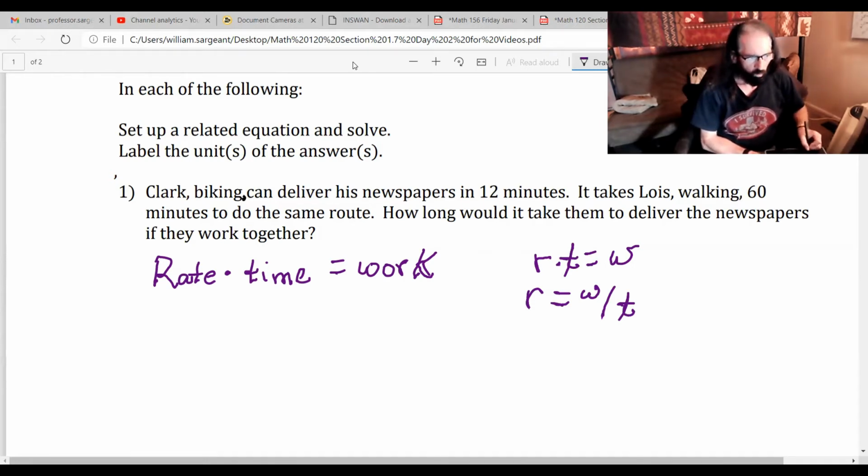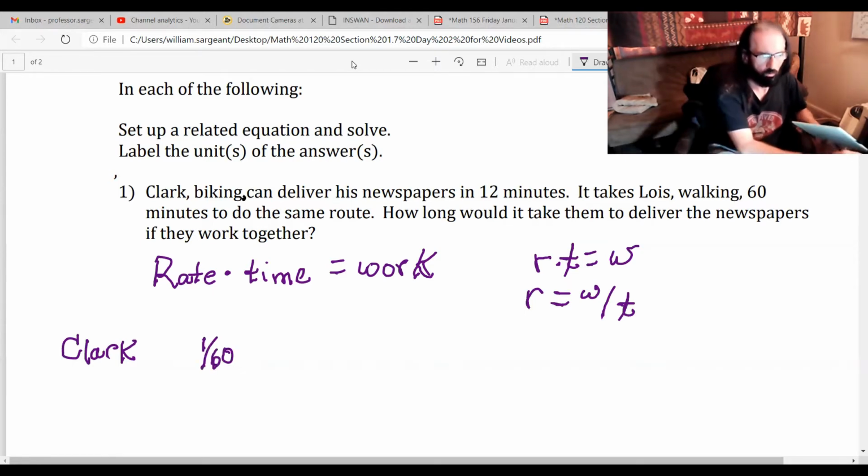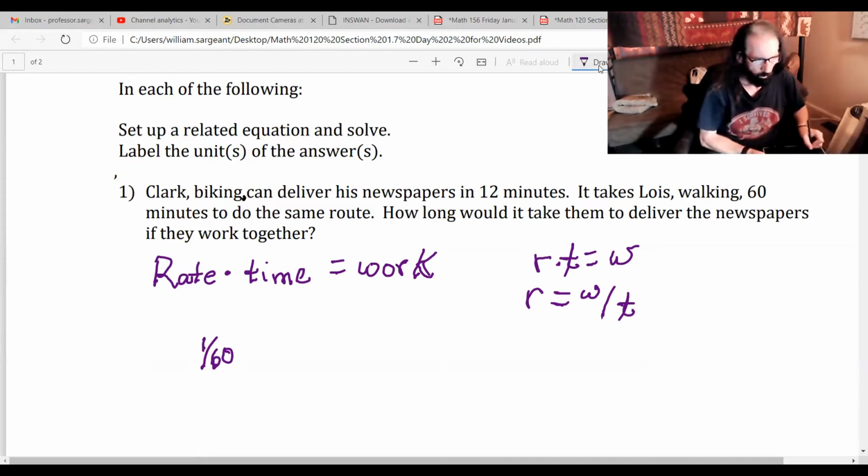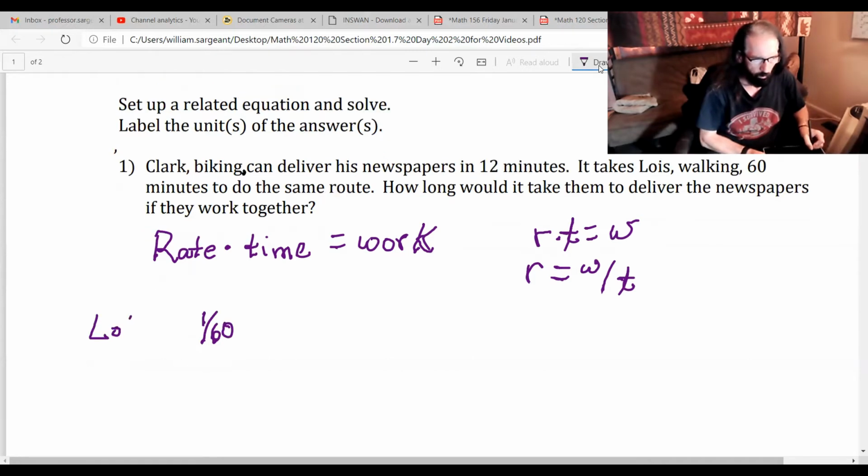And so we have for Clark that he gets one job done per 12 minutes. Let me erase that because that's for Lois. And so Clark would be getting one complete job, the same job done, one per 12 minutes. That's the rates.